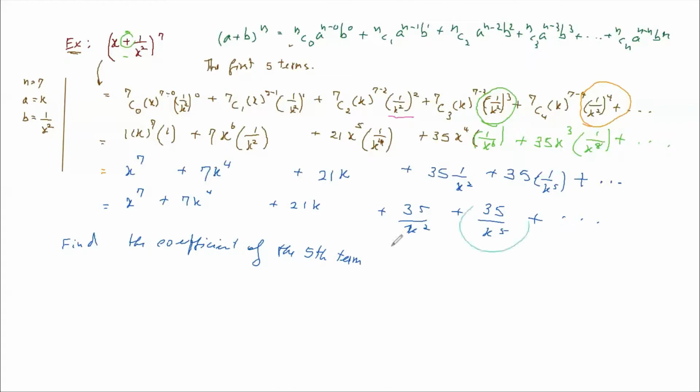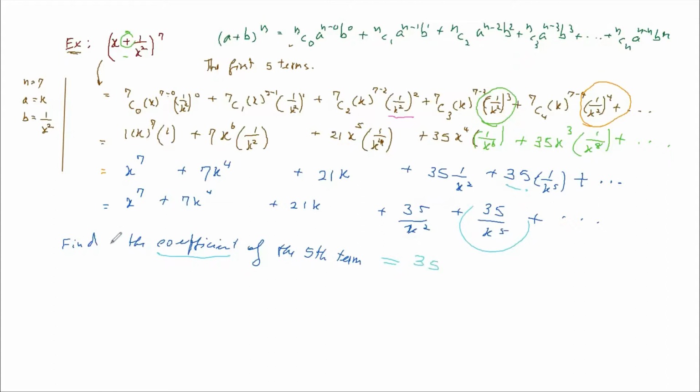So you can answer this one is going to be equal to 35 over x power 5. But oh no, the coefficient, right? So sorry, this one should be, you answer only because it's the coefficient here. So you answer only the number, okay? Like this one, you answer only the number, so equal to 35.